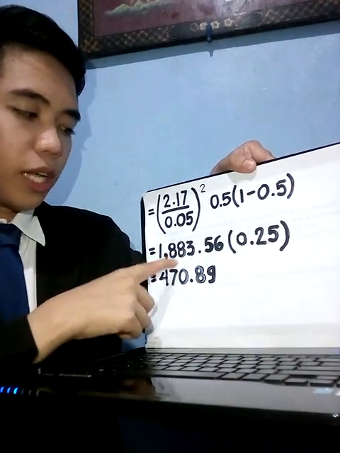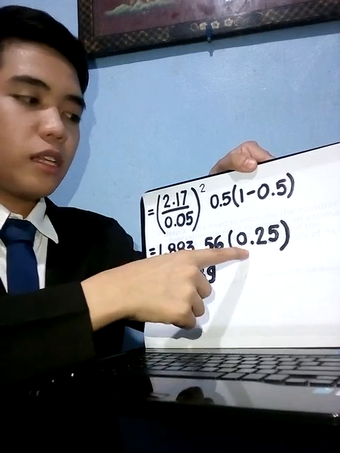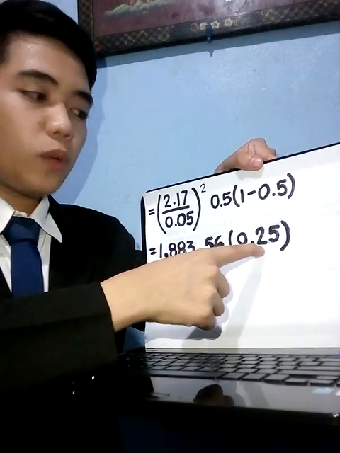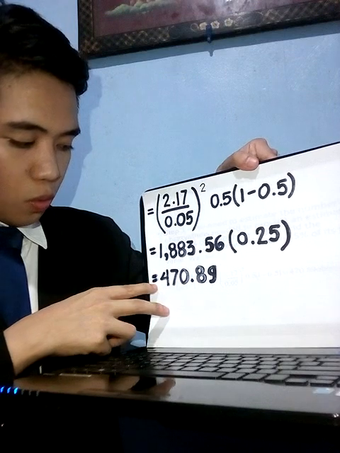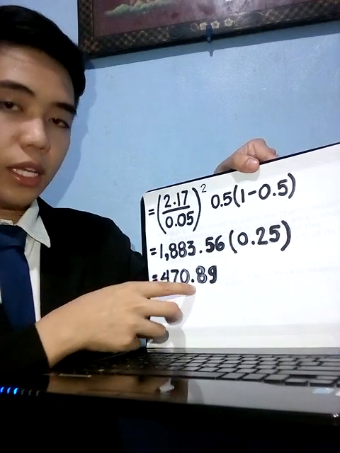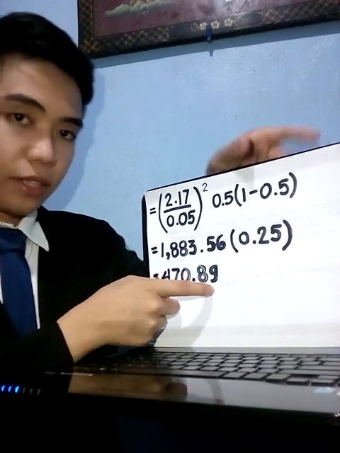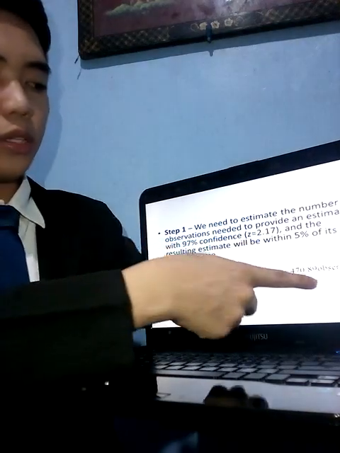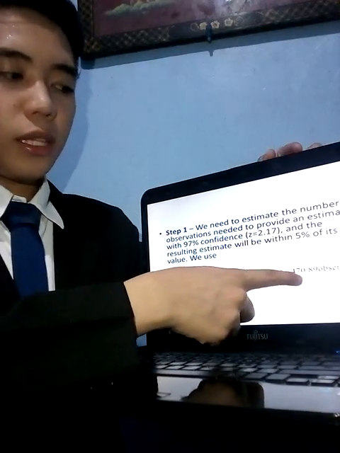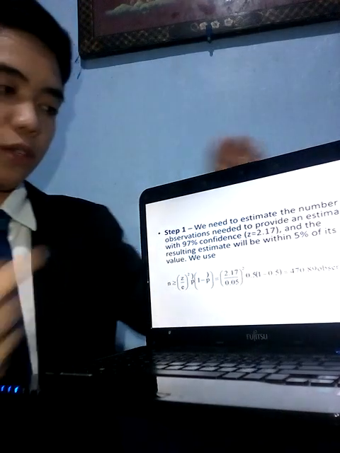And 1883.56 times 0.25 is equal to 470.89. So we need 470.89 observations.